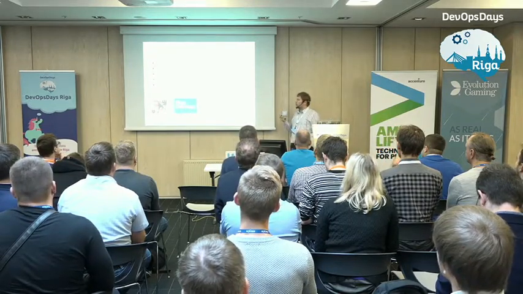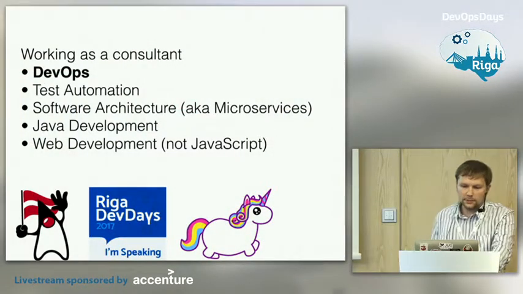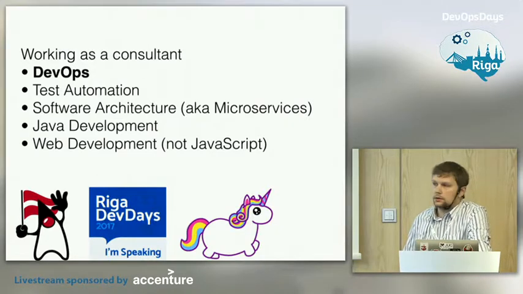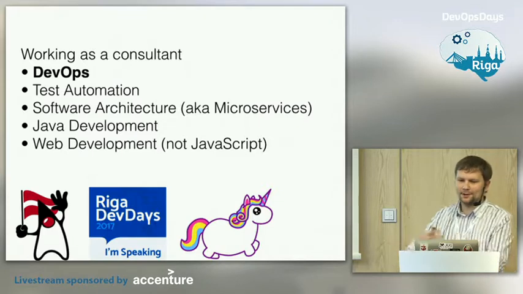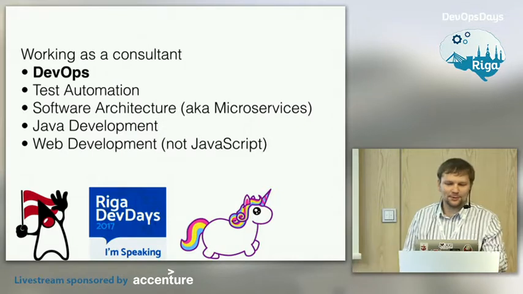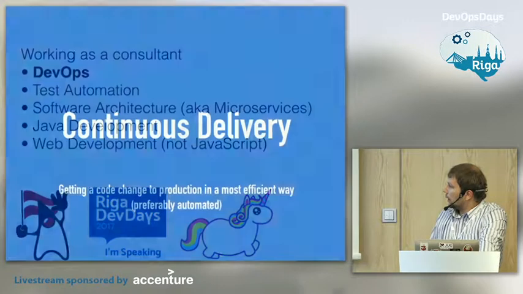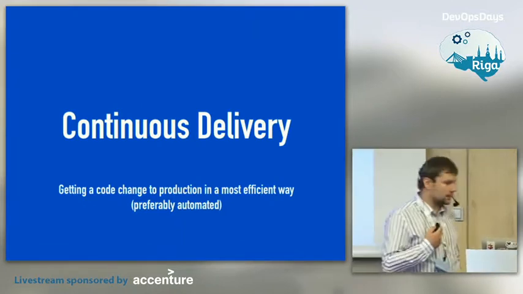But also DevOps and test automation are topics which fascinate me and which I think I know a lot about. I help companies in different situations. For example, someone wrote a framework and left, and then I come and migrate them to standard solutions from open source and stuff. And so the topic is about continuous delivery.